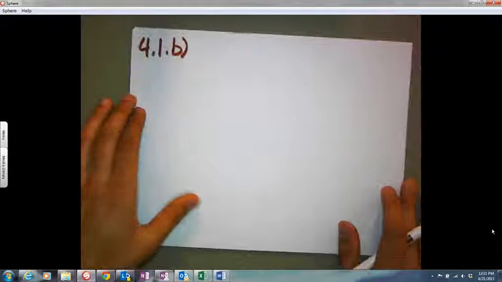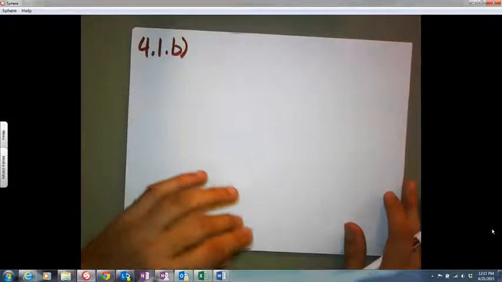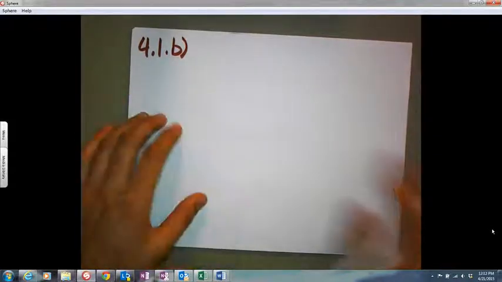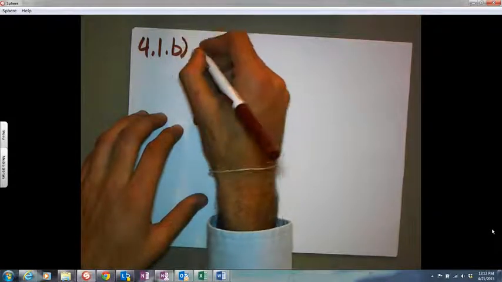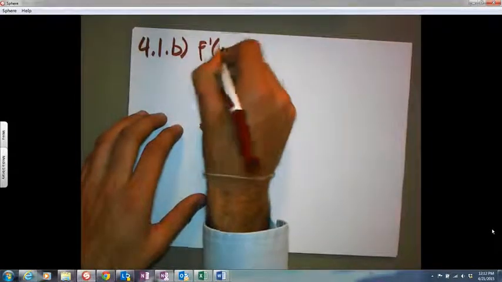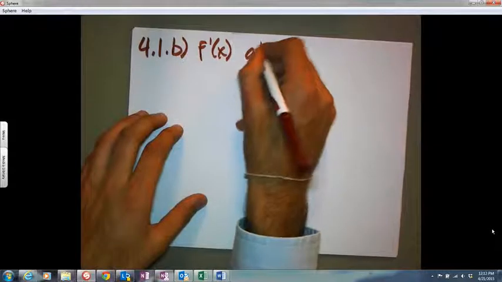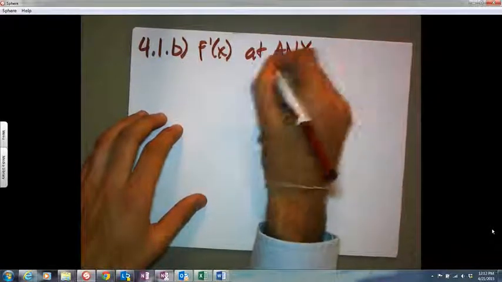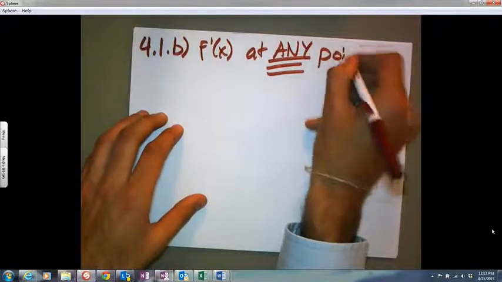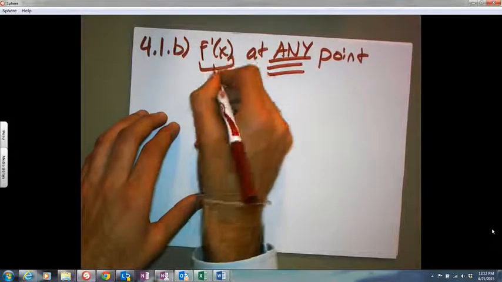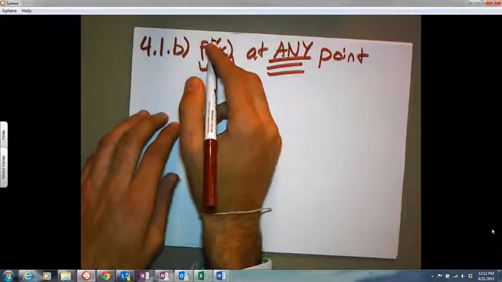So, level 4, problem 1B. Omar, go ahead, please. Find f prime of x at, here's the key word, folks, any point. This f prime, or f with the comma upstairs, that's derivative.